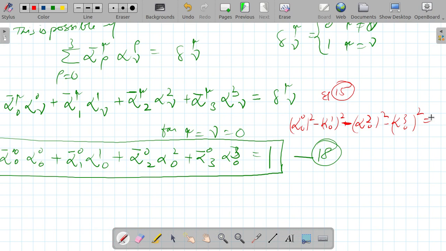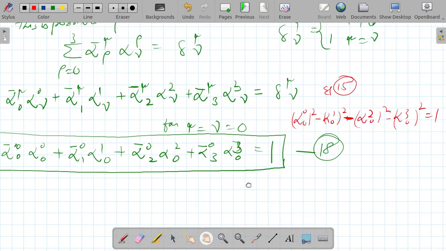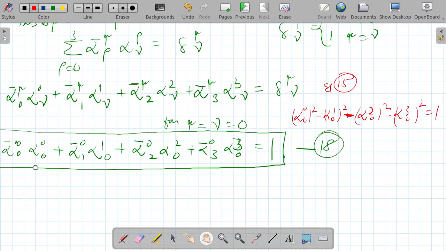It must be equal to 1. So these two equations look identical if and only if alpha bar 00 is equal to alpha 00, and alpha bar 01 is equal to alpha 10 with negative sign, alpha bar 02 is equal to alpha 20 with negative sign, and alpha bar 03 is equal to alpha 30 with negative sign. I'm just talking about this part, right?